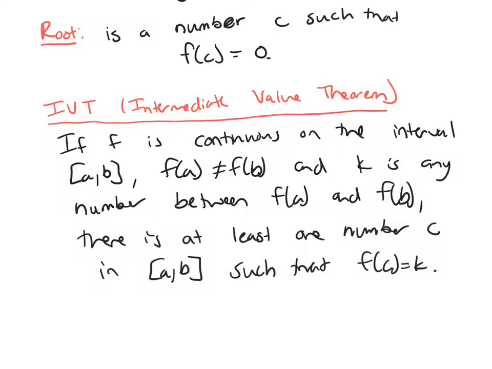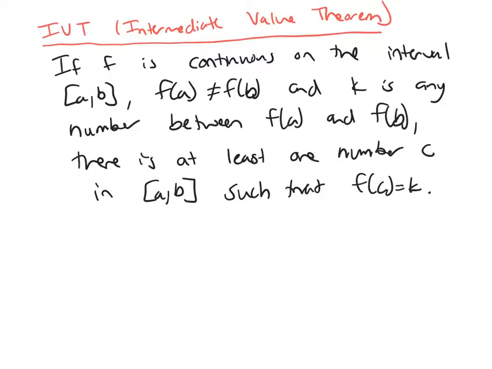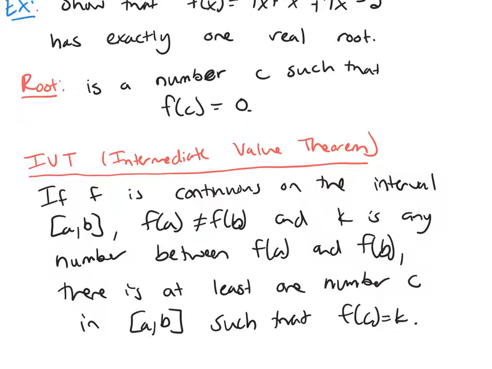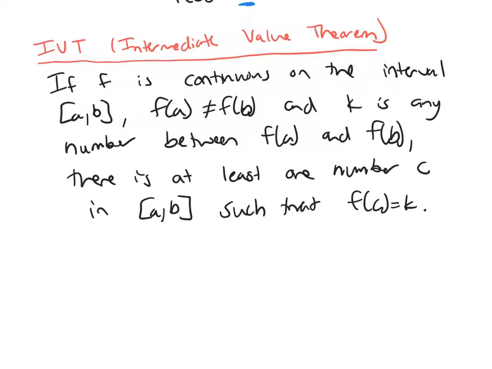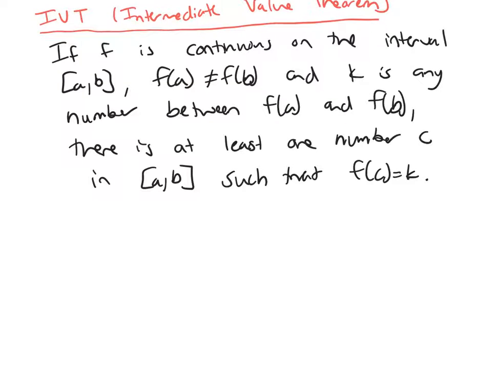So I need two numbers where I plug them into my function, they're not equal, and because I'm looking for a root here, I would like to have a number smaller than 0 and a number bigger than 0. So let's write down our function here.